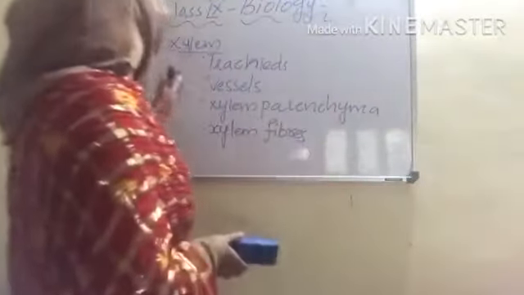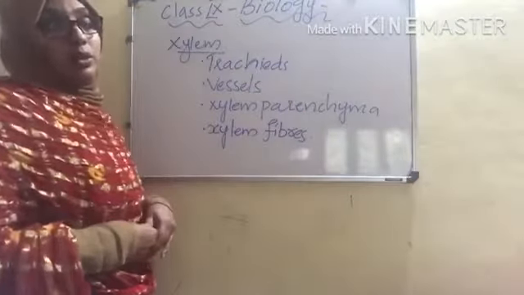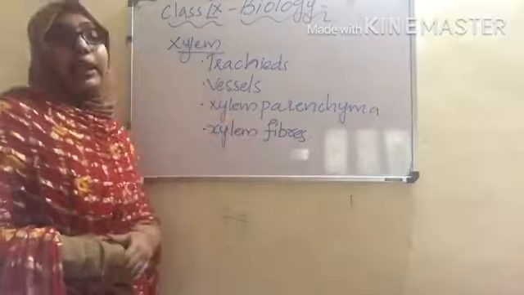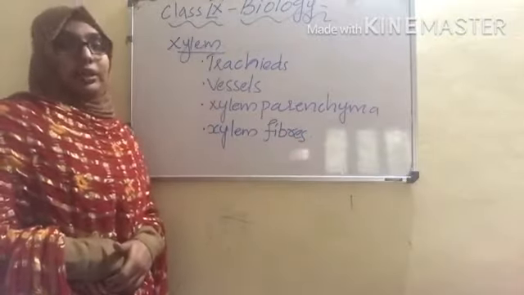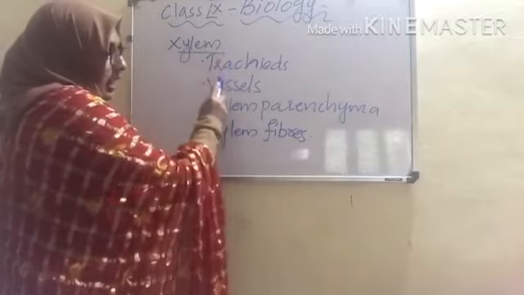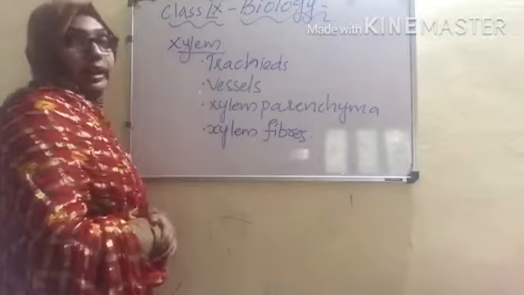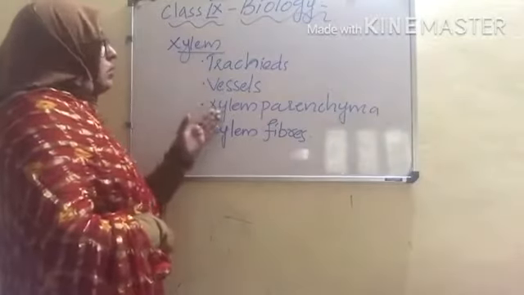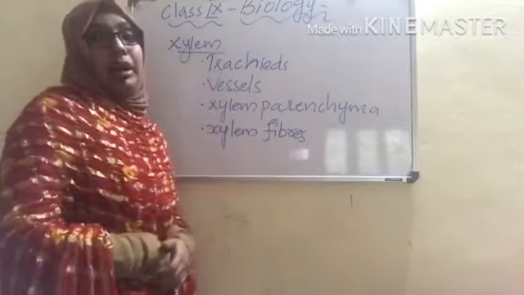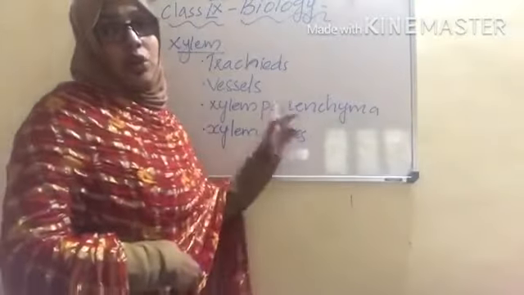Another thing, tracheids and vessels are tubular structures which are mainly concerned with the conduction of water. Tracheids and vessels are tubular structures meant for the conduction of water. And xylem parenchyma stores food.